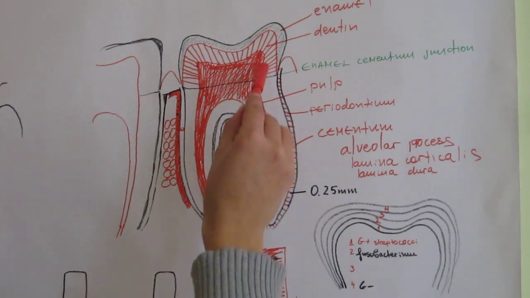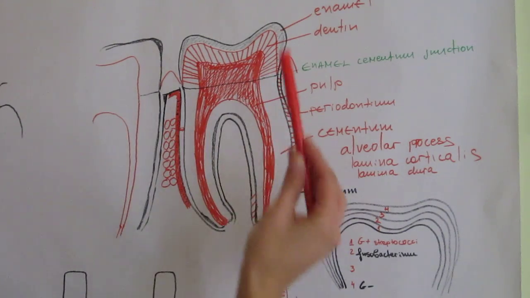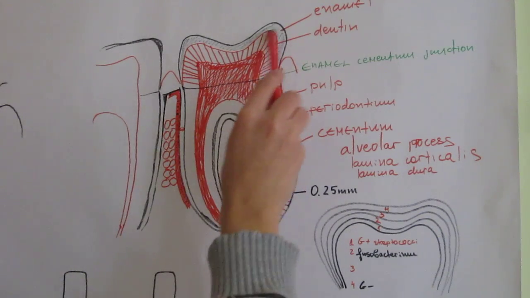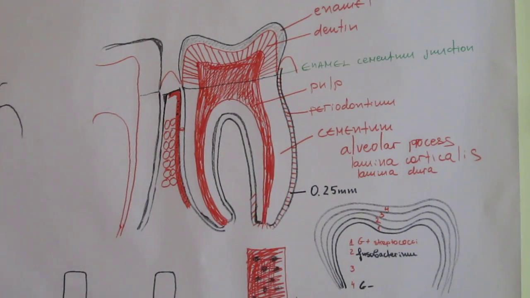So that's why when there is recession and the dentin is exposed, it is more prone to any sense reactions, so there might be pain because of these nerve fibers inside of the tubules, which are provoked by cold, hot, or some other chemical or mechanical irritation.